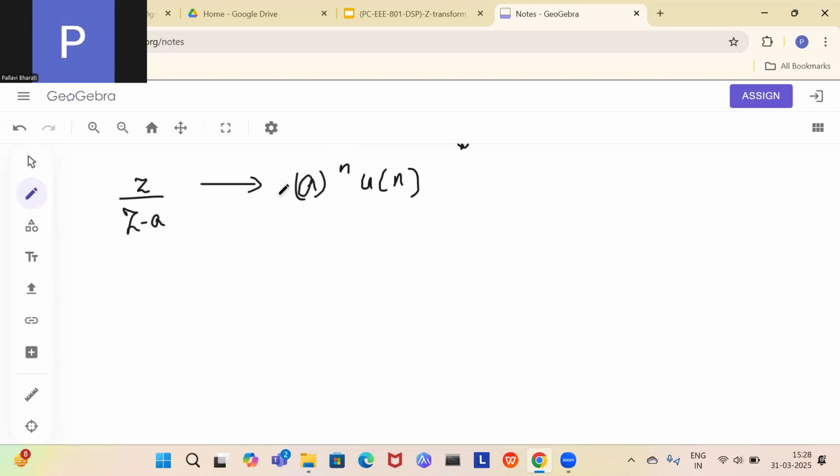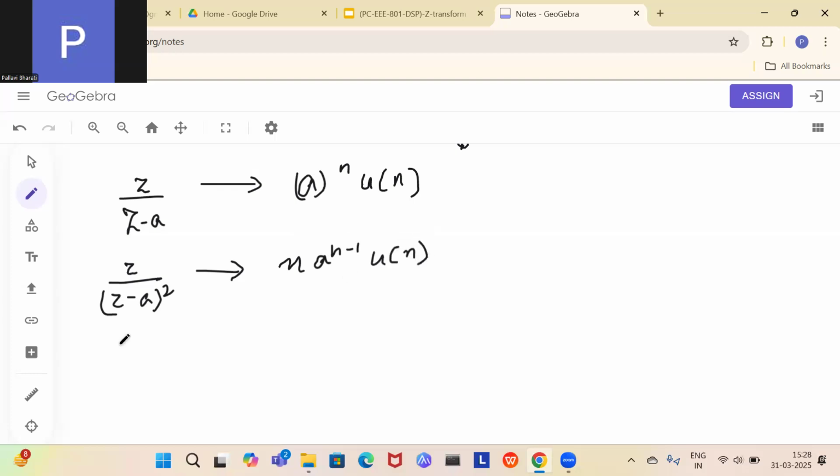Everyone is very familiar with this one. Now the next one, if the signal is z by z minus a whole square, at that time when you take the inverse Z transform, it is going to be n into a to the power n minus 1 u[n].